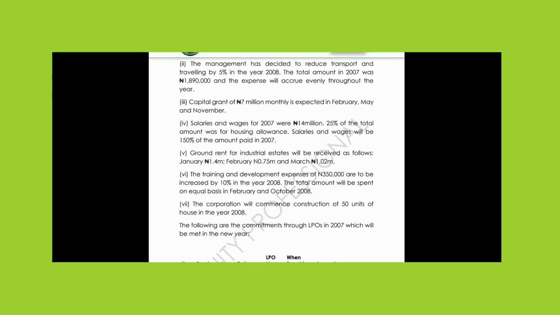What I think that they do is 25% of 125 times 14 million. That is what they do. If we want to do it in that way, we will say 25% of 125 times 14 million.